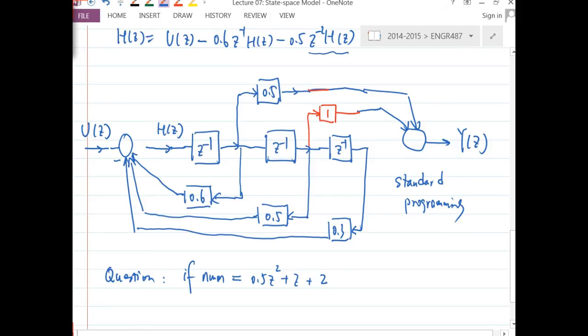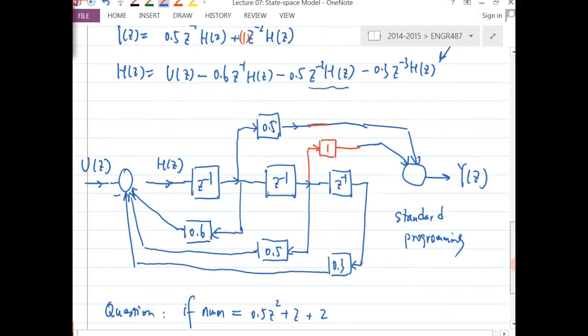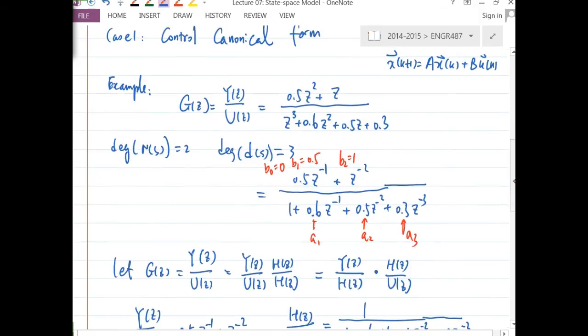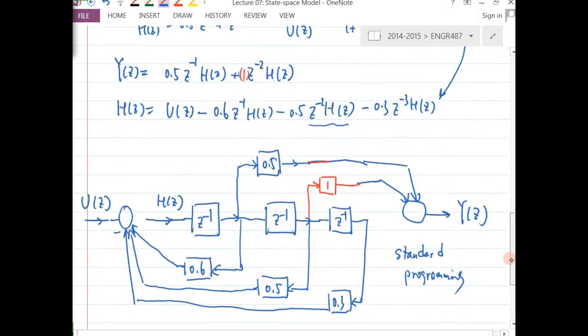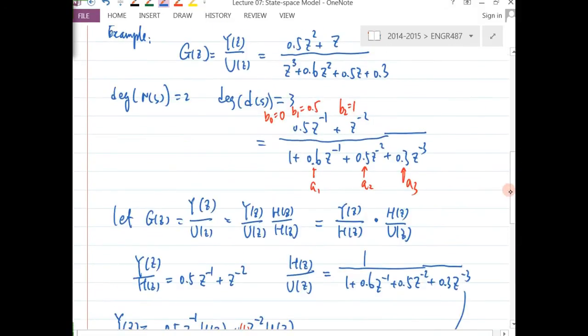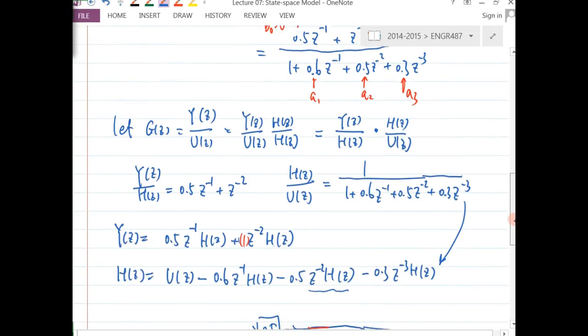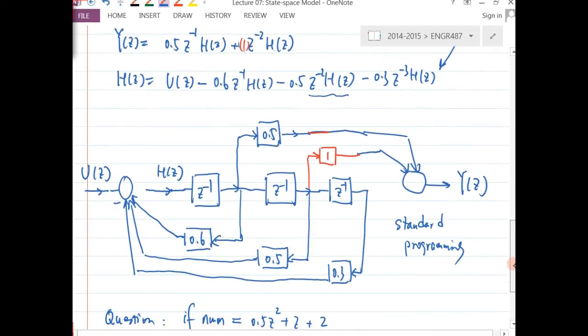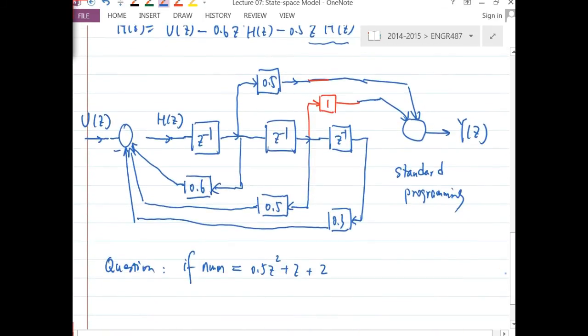So I added one term. So the numerator here has a 2 added compared to the original one, just plus the 2. If that's the case, how would you modify this simulation diagram?